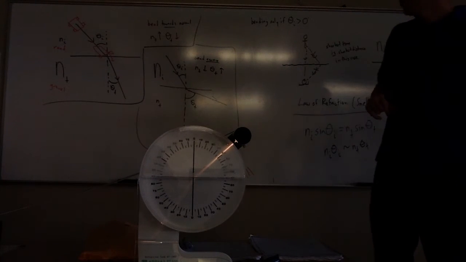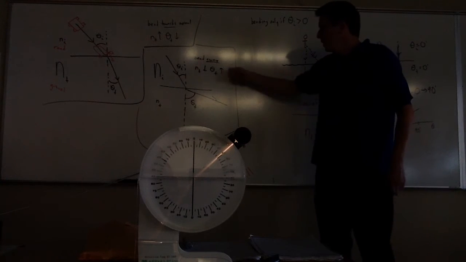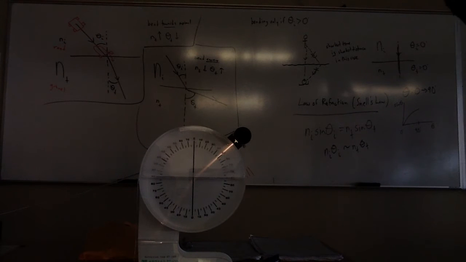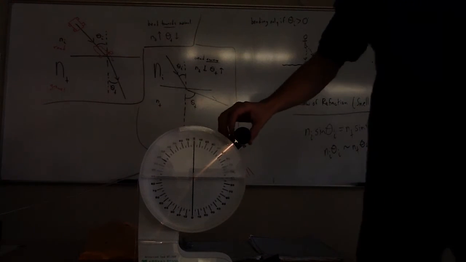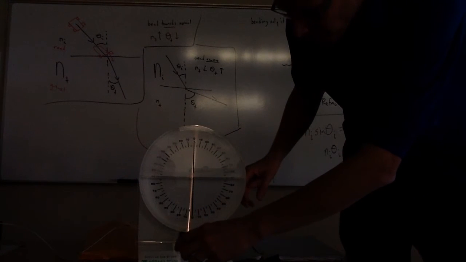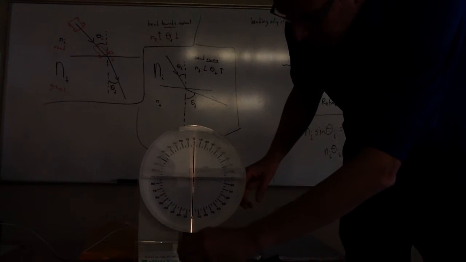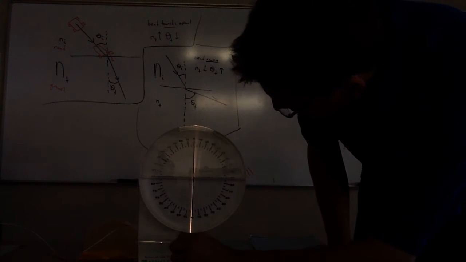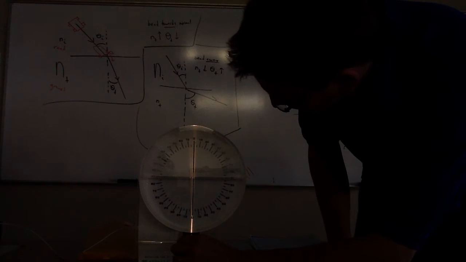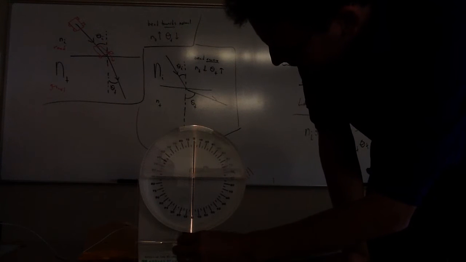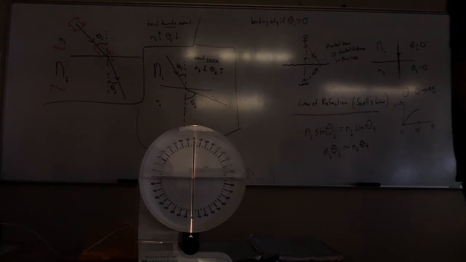The other case that I wanted to show you was bending away from the normal. Obviously it's hard to get the water into the top half just suspended there with the air on the bottom. So instead I'm just going to shoot the light in from the bottom like this. So again, if I shoot it straight at the surface it will go straight through.